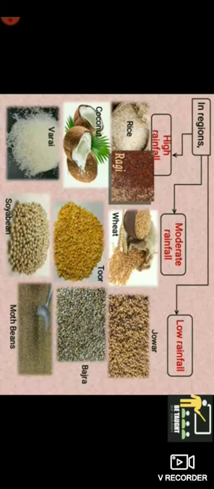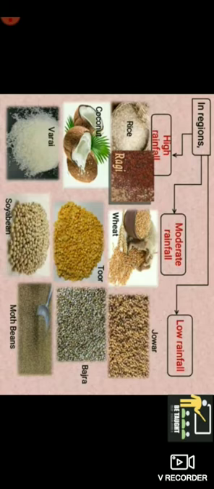and varai as the crops. In regions of high rainfall, crops such as rice, coconut, ragi and varai are grown. Did you understand, everyone? Now next one is moderate rainfall. Moderate means balanced rainfall, not less and not more.